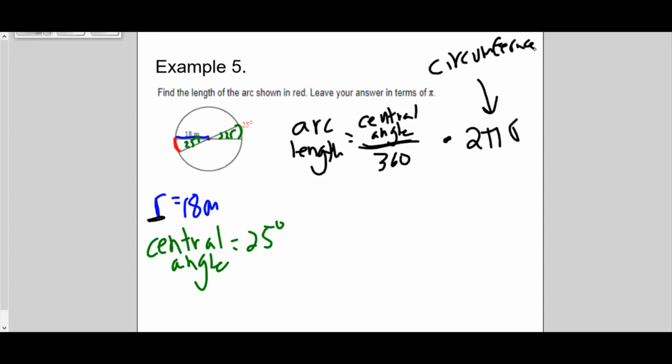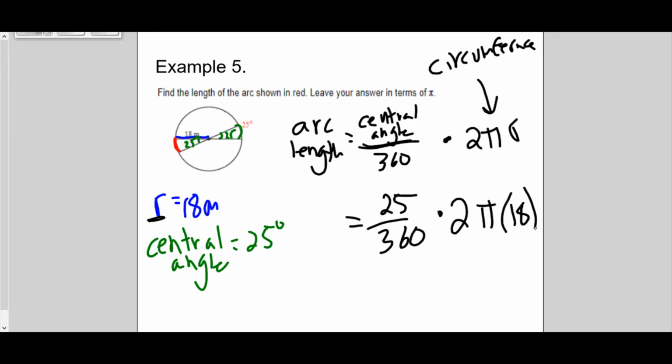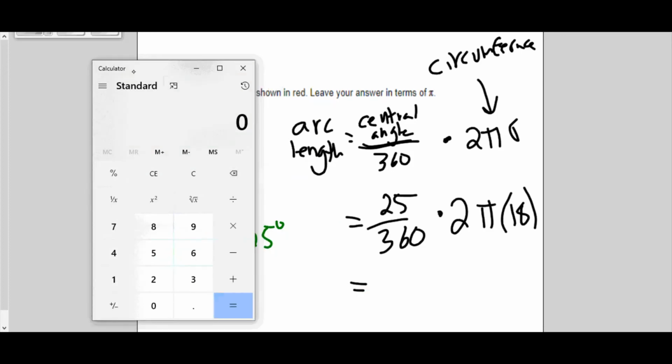Now I'm just going to plug in what I'm given. So I know the central angle is 25. So this will be 25 over 360 times 2 pi, and the radius we know is 18. Now I'm just going to plug this into my calculator. So what I'll do is I'll do 25 over 360.